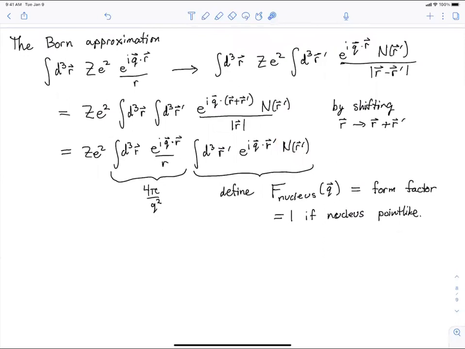Okay, so what we've done here is we've calculated the change in the Born approximation due to having a nucleus that's not exactly point-like. And so we can summarize this, that this is for the scattering amplitude. And so for the differential cross-section, what we've learned is we can separate it into two parts. There's the part that there would be if the nucleus were point-like.